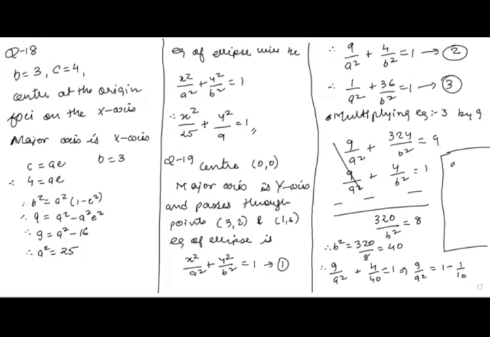So 9 by a square is 10 minus 1, 9 by 10. This 9 will get cancelled out, and I will have the value of a square as 10.